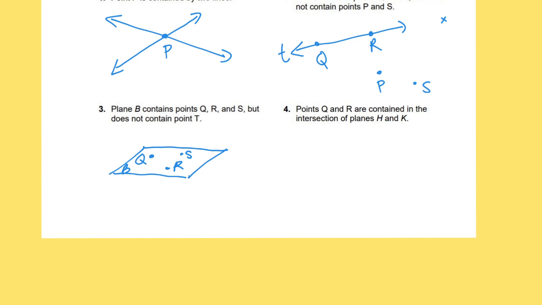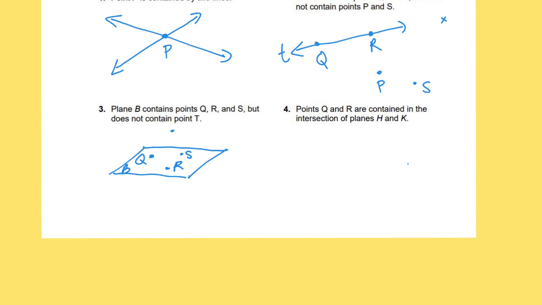Now the thing is this, if we just put point T over here, because the plane extends forever, it looks like it could get there. So what you have to do is basically put a tower on your plane. Draw a line that goes through the plane.